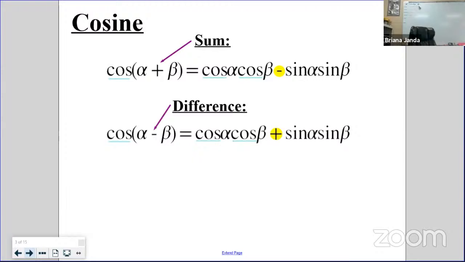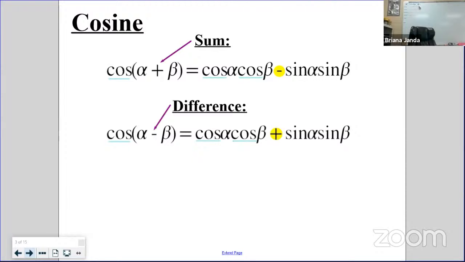Your book and most places out there will use Greek letters like alpha and beta. If you want to change that into A and B, you are welcome to do that, or X and Y. I don't care what variables you use. The difference formula, again, said that originally I was subtracting two angles here.